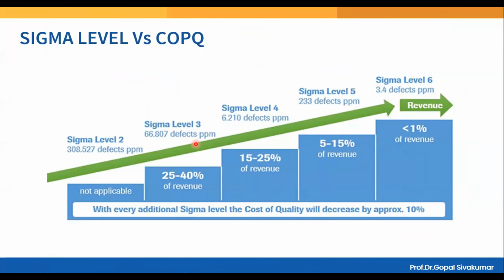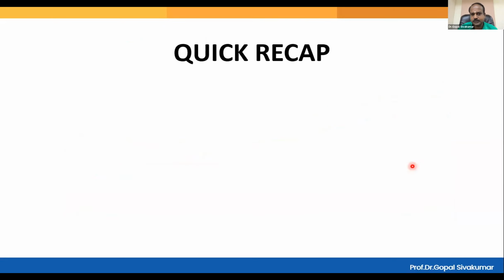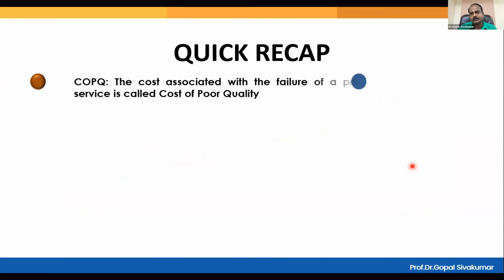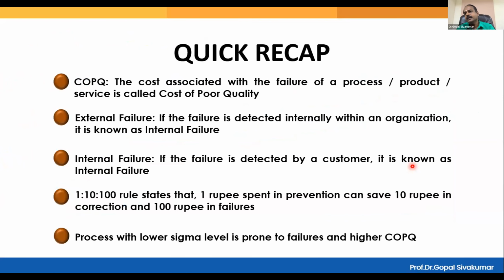So what do we see here? As we focus on quality improvement and process improvement, the process capability goes high. As the process capability goes high, the DPMO and the PPM come down and the sigma level goes high. When you reach the sigma level of 6, you see your cost of poor quality is going well below 1%. That's why we need to focus on process improvement, so that the cost of poor quality can come down.